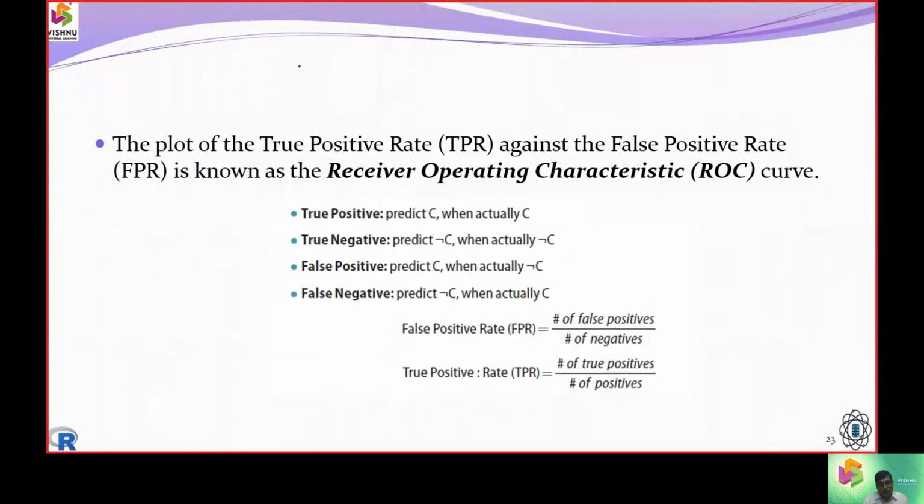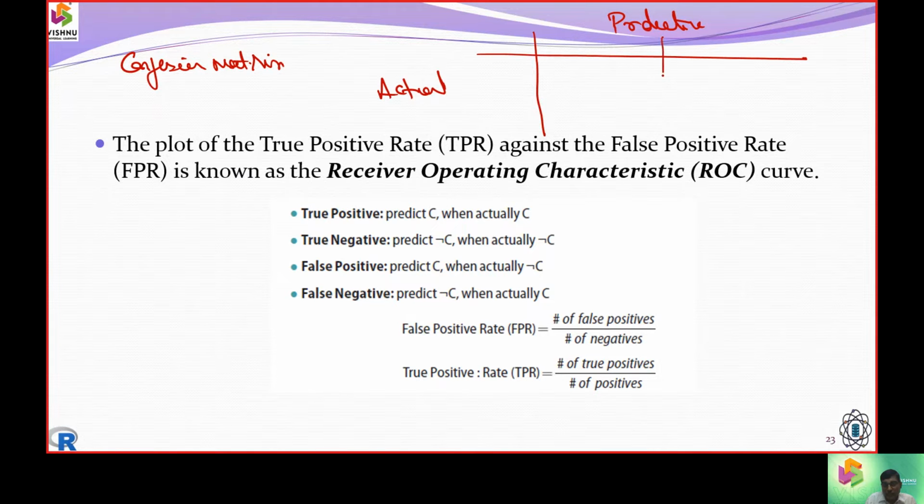Okay, let us look at the terms false positive and false negative in detail. So now we have a confusion matrix. In this confusion matrix, we have the actual values and the predicted values. For the actual values we write true and false, and here we write positive and negative.